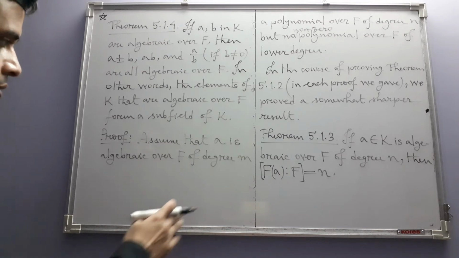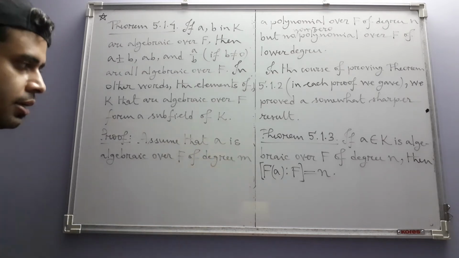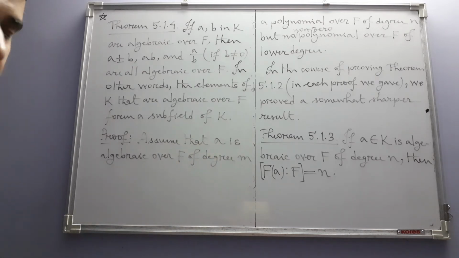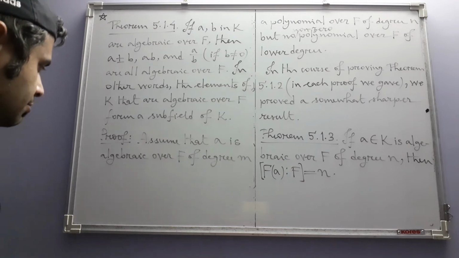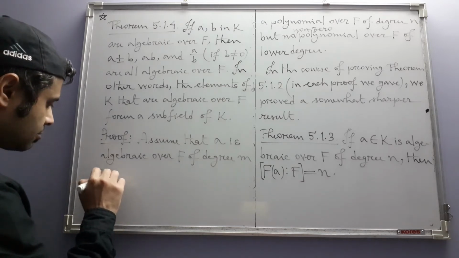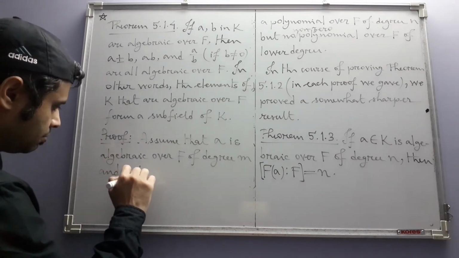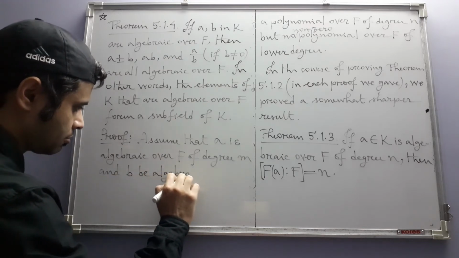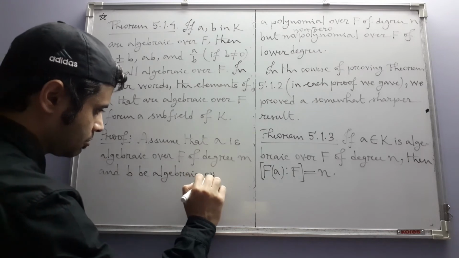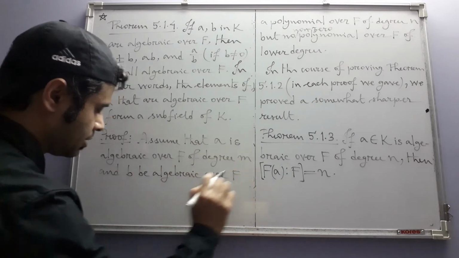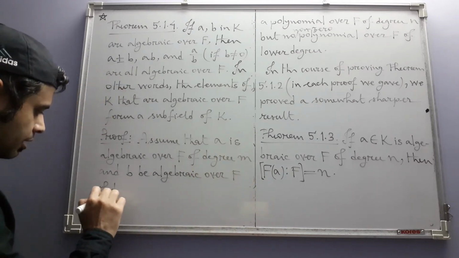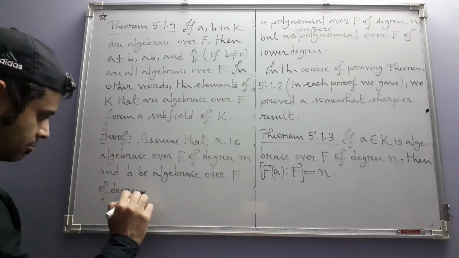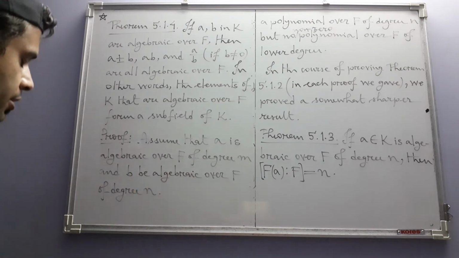The minimal polynomial for a over F will have some degree, let that degree be m, and b be algebraic over F of degree n. Okay.